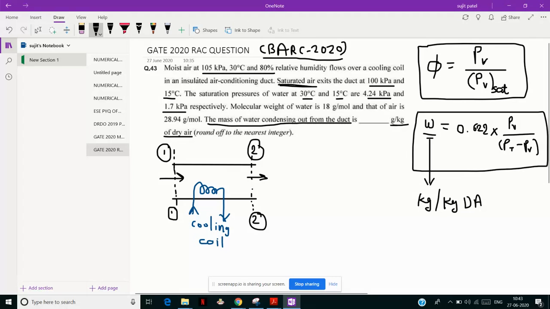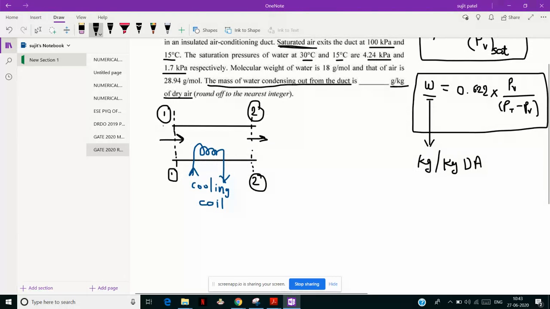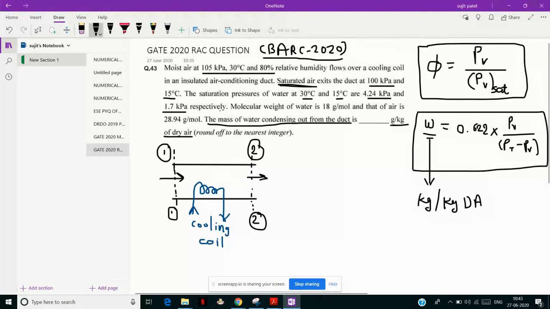so for the question given, here I have drawn the schematic. This is condition number 1 and this is condition number 2. Air is entering at the given condition, 105 kilopascal, 80% humidity, and saturated air is exiting, and we are asked for the mass of water condensing out from the duct. Just look at this: 30 degrees Celsius is the initial temperature and 15 degrees Celsius is the exit temperature.